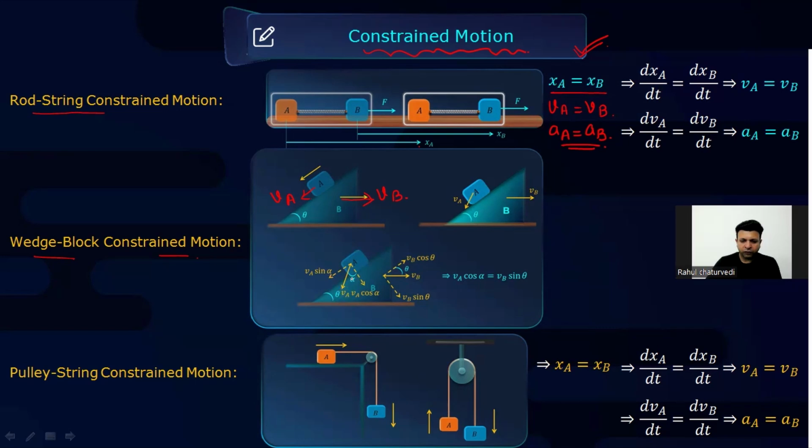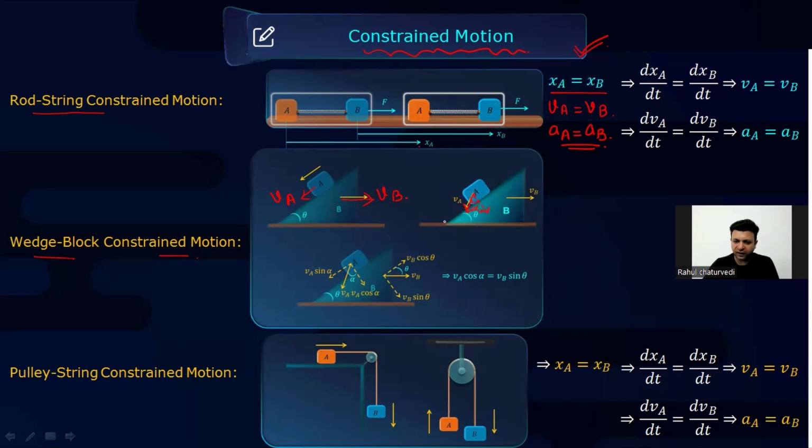Actually, due to the motion of block A and block B, you can observe here that the velocity VA with respect to the ground will not be along the plane. It will be making some angle with the vertical.